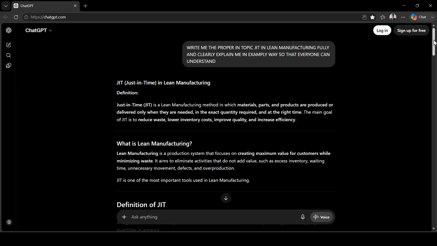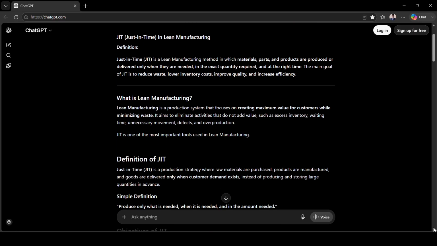Today we are going to discuss a very important topic in lean manufacturing tools, and the topic name is JIT. What is JIT in lean manufacturing? JIT means just in time.